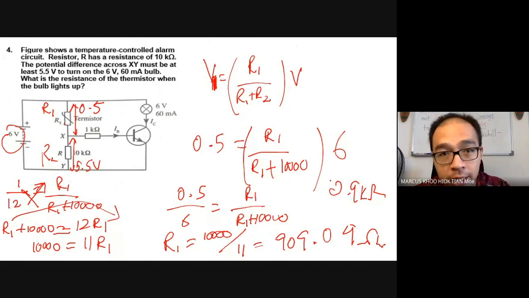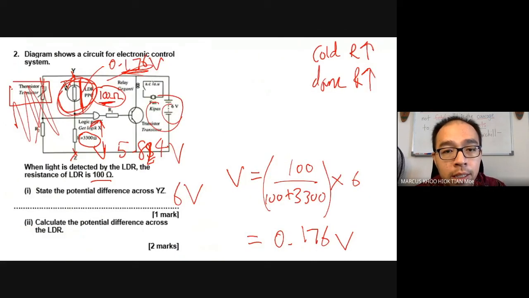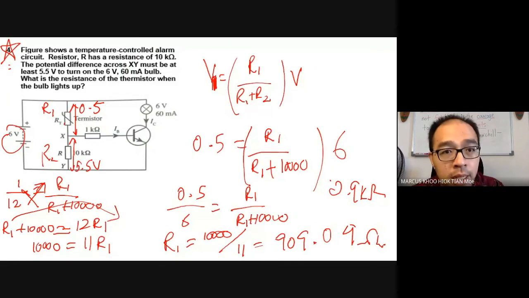I would suggest that you start with this question, because this is a more popular potential divider question. Before this we were only calculating V. Most of the time, this is the kind of question they will give.